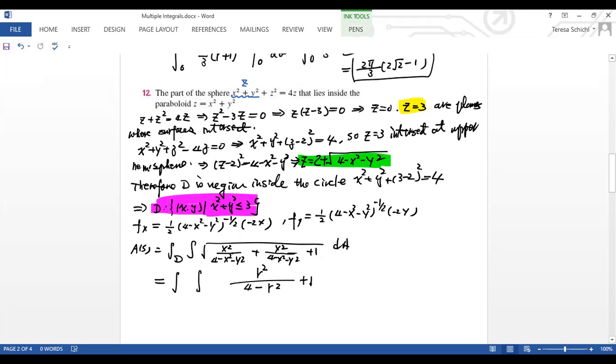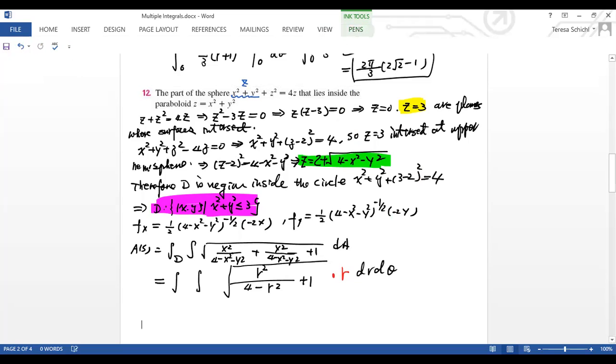So basically, this will be 4 minus r squared, and plus 1. And of course, this is inside the parenthesis. And then don't forget to times r, right? Then you have dr d theta.